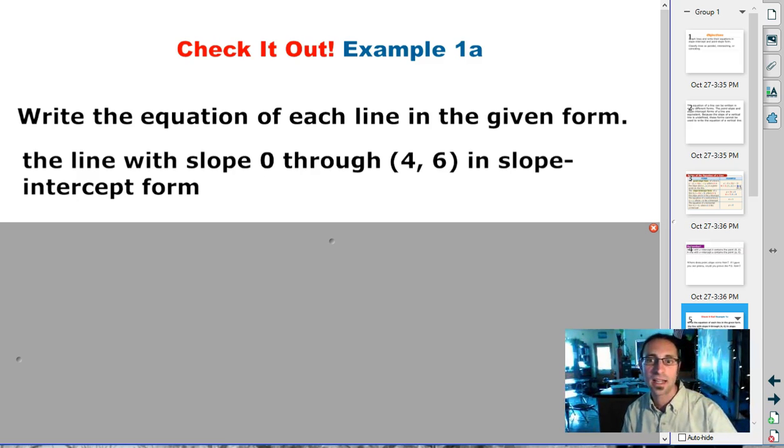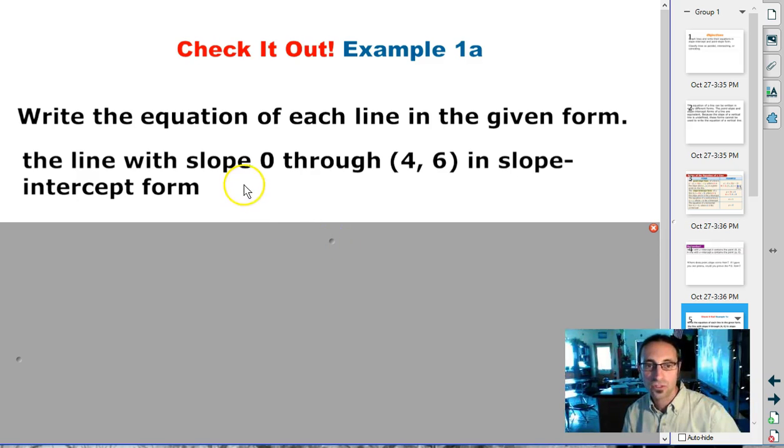Write the equation of a line in the given form. I'll give you a form, I'll give you point information, and you put it together. It says the line with a slope of 0 goes through the point (4, 6) in slope-intercept form. That's easy. Why is that so easy?